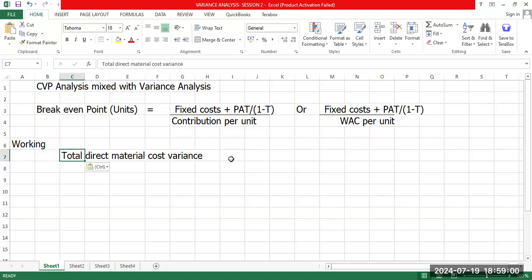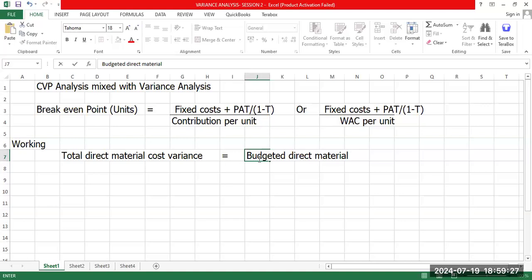Total direct material cost variance is equal to, now this is overall, you can look at the budgeted direct material cost, then you subtract actual direct material cost.